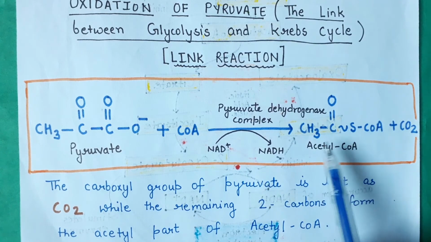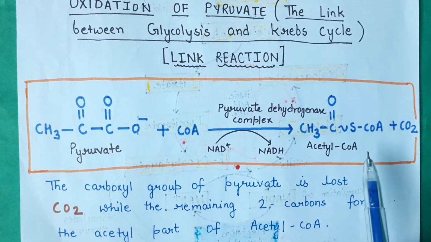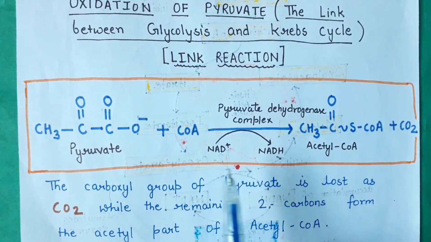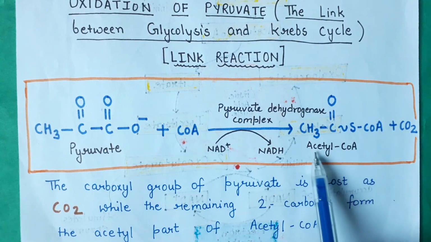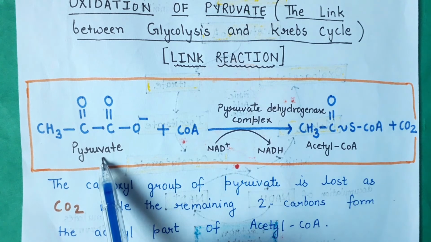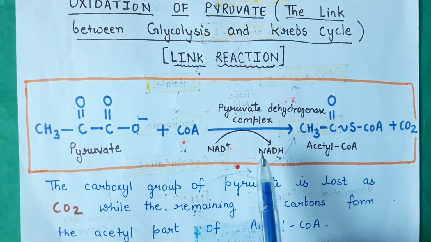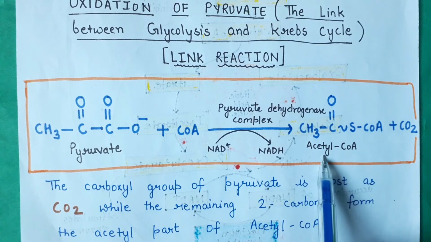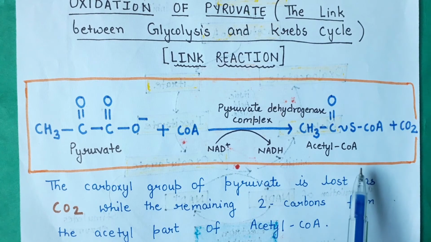So this forms the acetyl part of the acetyl CoA. In this way acetyl coenzyme A is formed from the molecule of pyruvate by the process of oxidation. After the formation of acetyl CoA, this acetyl CoA enters the Krebs cycle. After that the Krebs cycle starts.